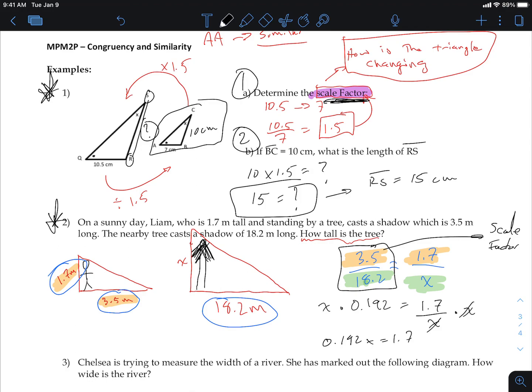You're going to have to divide both sides by 0.192. This is a two-step calculation. Now x is by itself because the 0.192's cancel. So all we have to do is say 1.7 divided by 0.192.